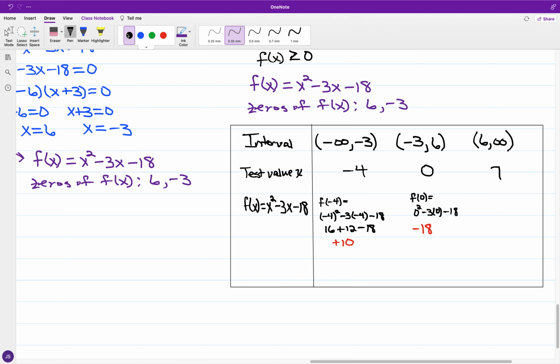And for f of 7, we have 7 squared minus 3 times 7 minus 18. 7 squared is 49. Negative 3 times 7 is negative 21. 49 minus 21 is 28 minus 18, and this will also come out to positive 10.